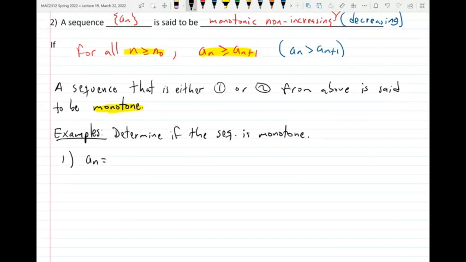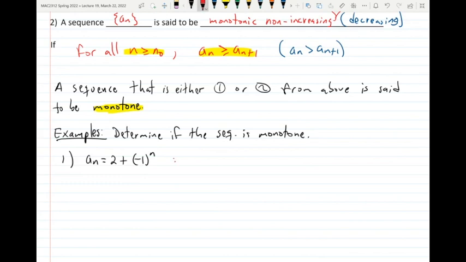All right. So let's say a sequence with general term 2 plus (-1) to the n. What do you think? Is this monotone? No. Why? Because it just goes up and down. It keeps going back and forth, right? So remember, what is this sequence?